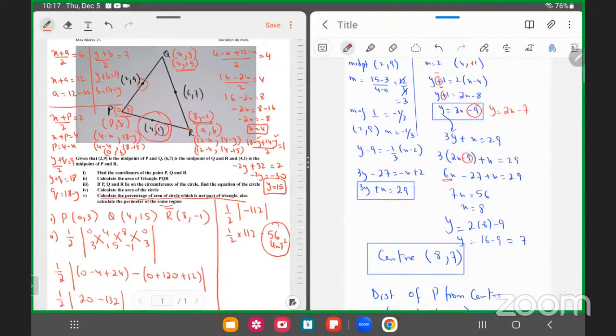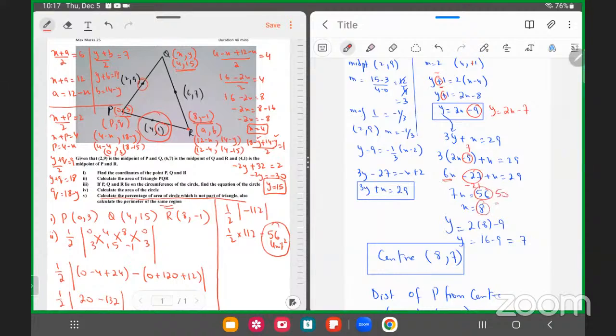So 6x, this will be minus 21, and 7x, 29 plus 21 is 50.